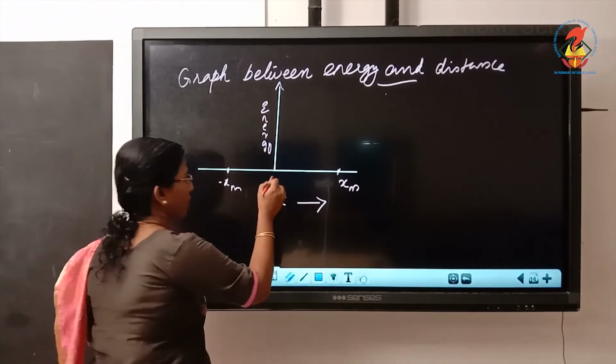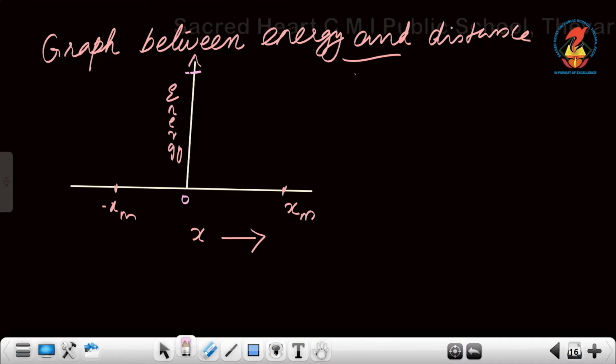So this is the equilibrium position 0. Let this be the maximum energy representing point. So at the extreme position, potential energy is maximum, whereas at the equilibrium position or the origin, potential energy is minimum.